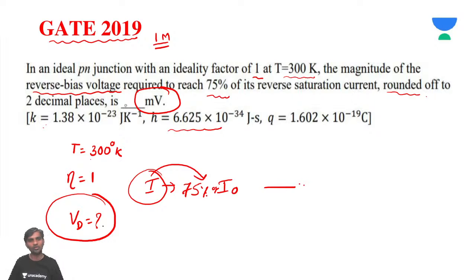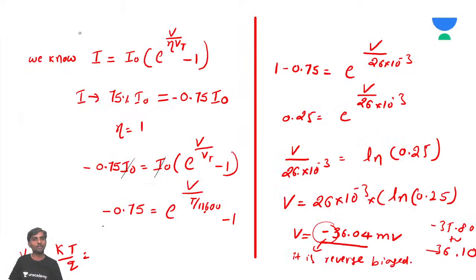No. The only thing is you need to know this formula. If you know this formula and logic, you can calculate this. How much time will it take? Hardly 2 minutes, not even 1 minute. As I am explaining, it may seem to take a lot of time, but when you are doing the examination, you will do it very fast.